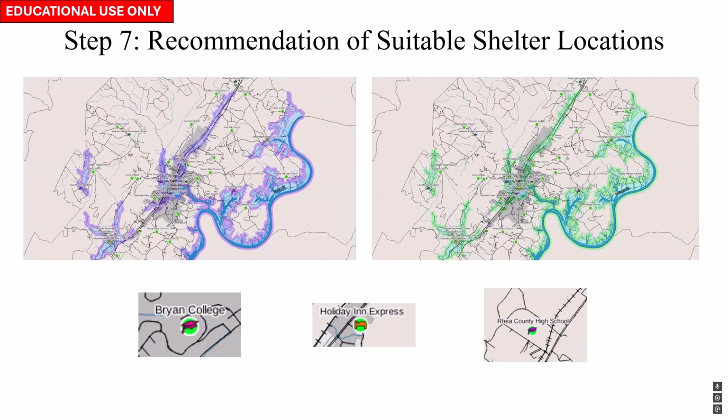And then for step 7, I wanted to give a recommendation of suitable shelter locations. And I marked these with a green sort of shield background.